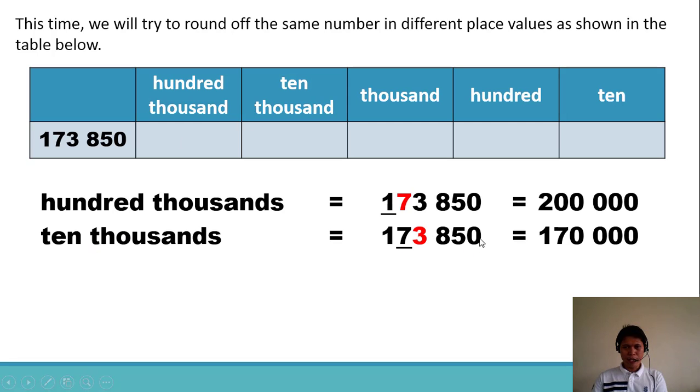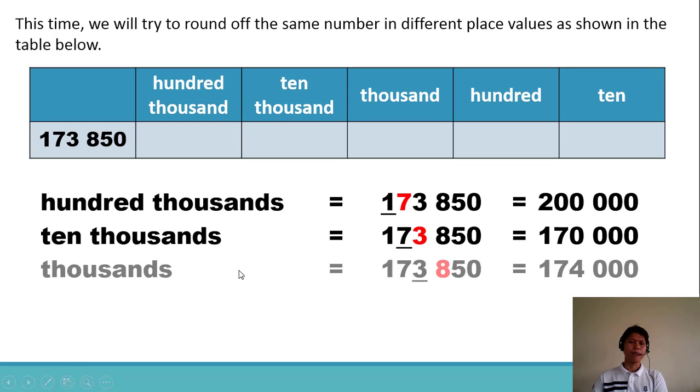So the 10,000s place, ones, tens, hundreds, thousands. 10,000 is 7. We underline it. Next we are going to identify the digit to the right. This is 3. Since it is less than 5, then we retain the 7 or we copy 7. So we just copy 1 and then copy 7 and then replace with 0. So it is 170,000.